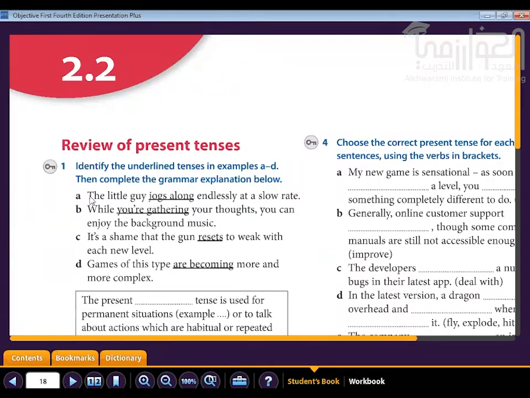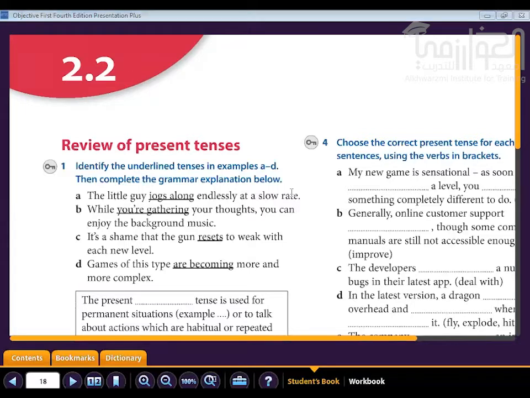Look at the examples. A says, the little guy jogs along endlessly at a slow rate. Now, the verb is what? Jogs. So when you see the verb jogs, you know which tense this is. It's very clear this is the present simple.